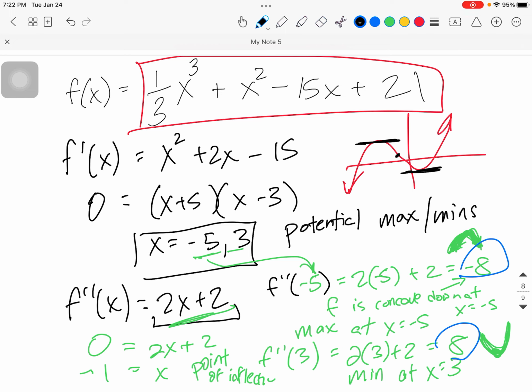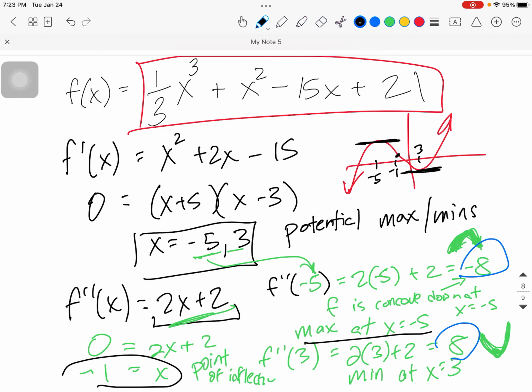But look at these interesting values we found. According to my work, it's beautiful, this -5 was a maximum. I'm trying to find it on here. There we go. 3, again, not drawn to scale, was a minimum. And this last thing I found, -1, right, somewhere in here, was our point of inflection.